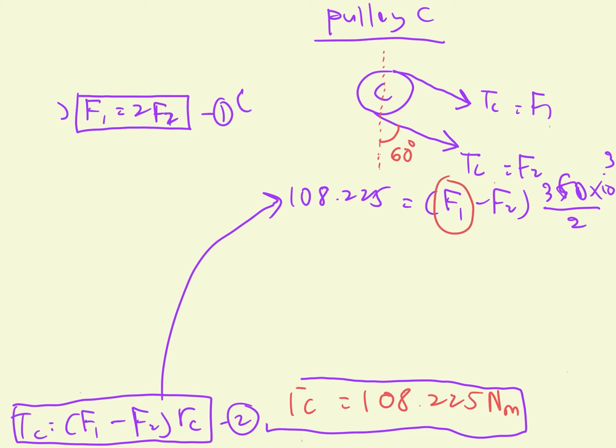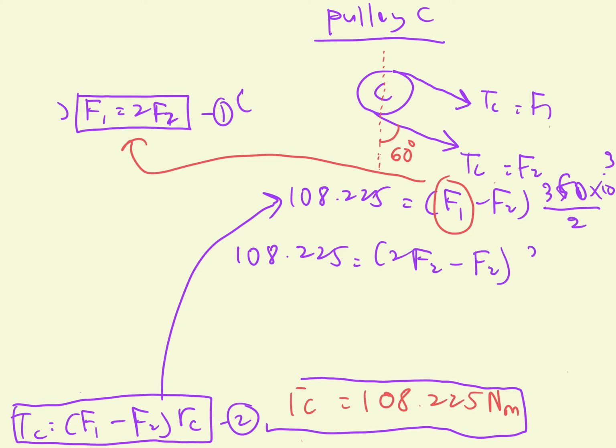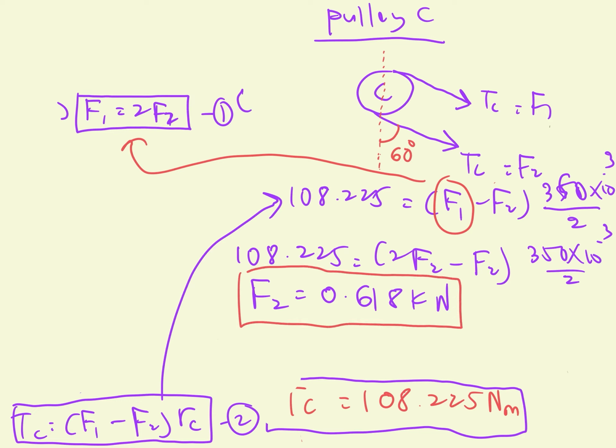F1 here we will change into 2F2. So 108.225 is equal to 2F2 minus F2, times 350 times 10 to the power of negative 3 divided by 2. When we solve for force 2, we get F2 as 0.618 kilonewton. So this is the value for the slack side of pulley C.